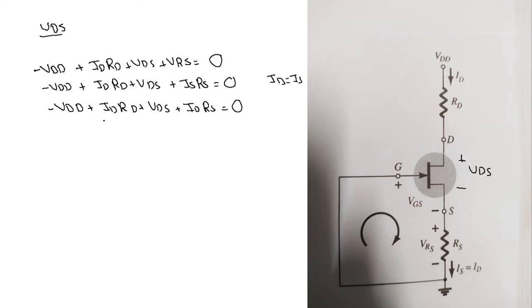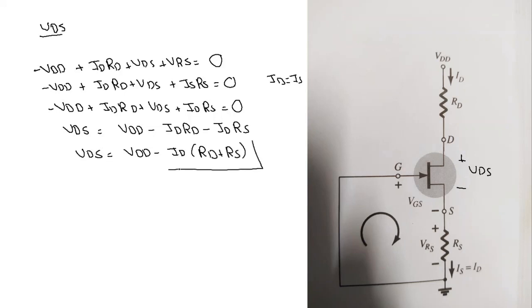Let me keep it on the left side, and this is going to be VDD minus IDRD minus IDRS. I can take ID common from here, and this is going to be VDD minus ID times (RD plus RS). So this is the equation of the VDS.